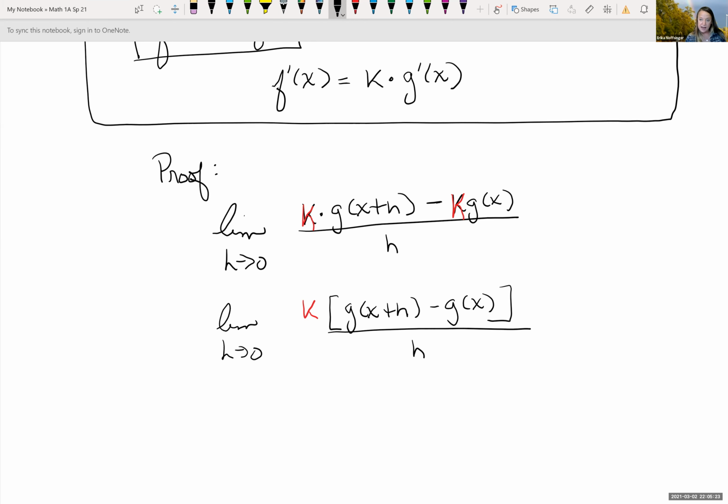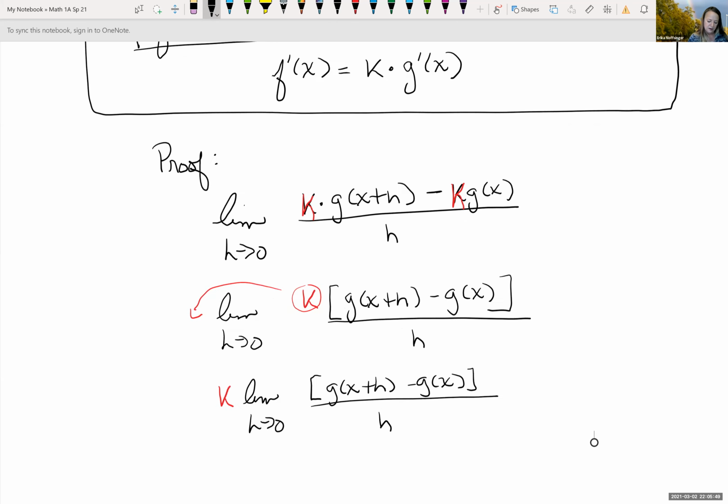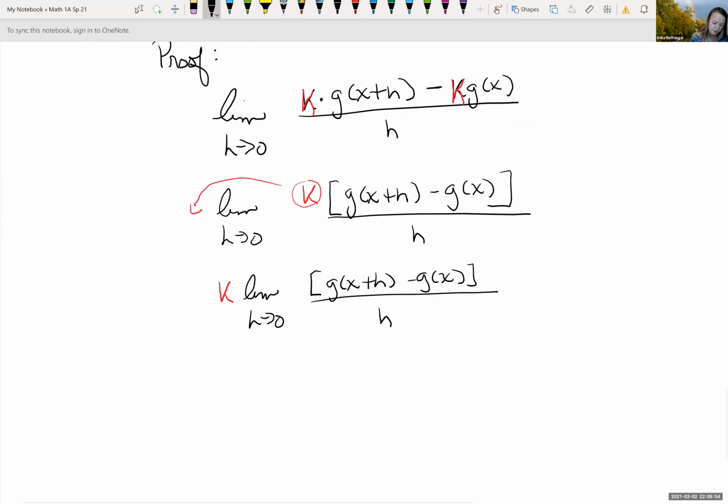Well, rules of the limit said I can take that coefficient in front and pull it out in front of my limit. So this is the same thing as k times the limit as h goes to 0 of this piece, g of x plus h minus g of x all over h. But by definition, that is g prime of x.